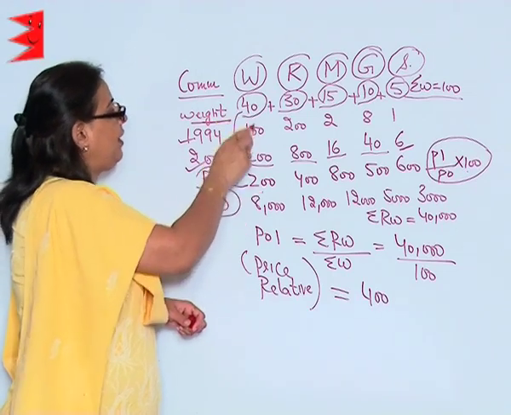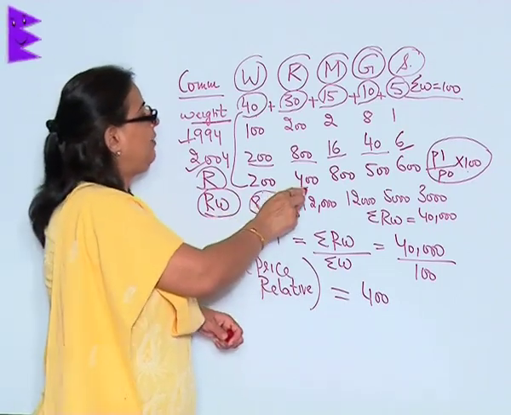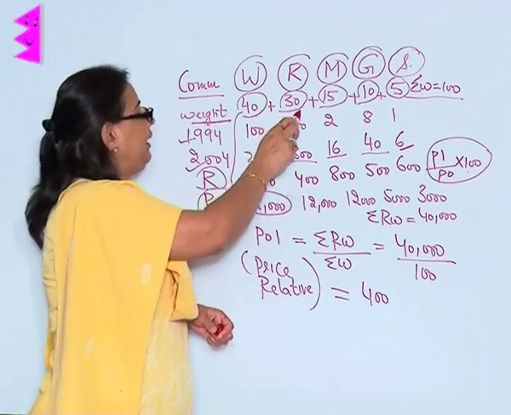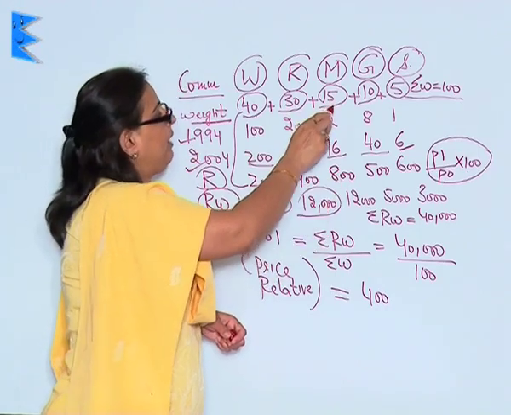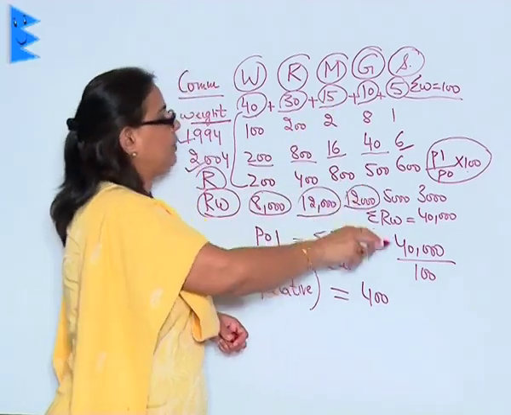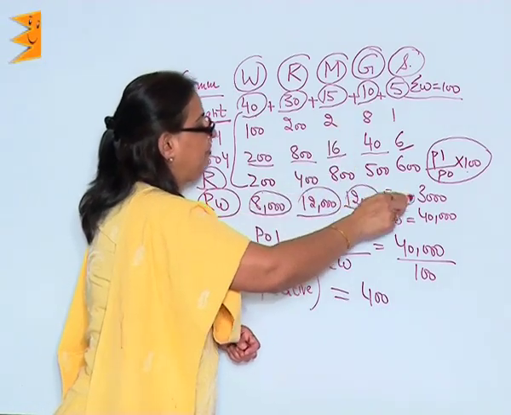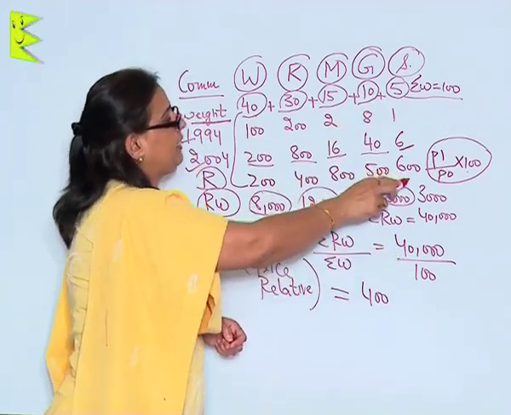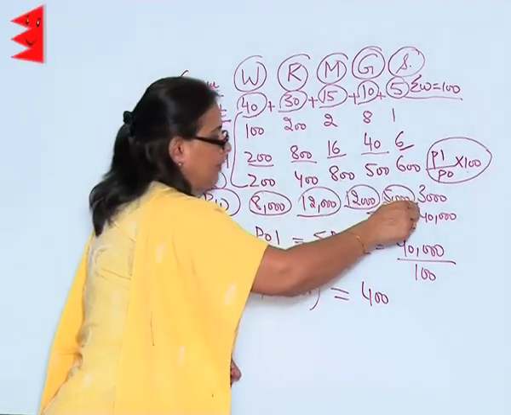That is 200 into 40 will give me 8,000. 400 into 30 will give me 12,000. 800 into 15 shall give me 12,000, and 500 into 10 will give me 5,000, and 600 into 5 shall give me 3,000.